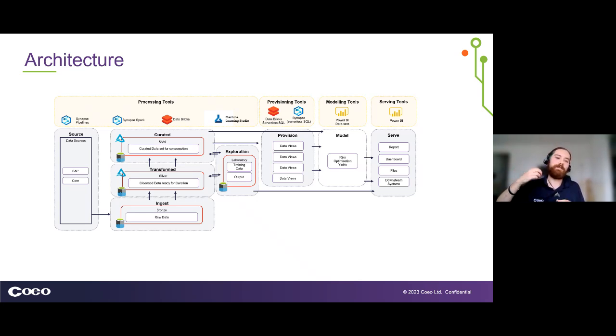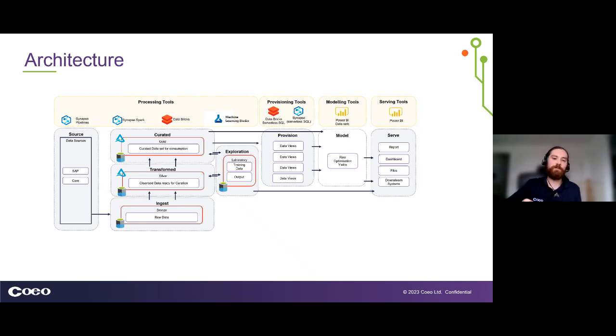And then for the actual machine learning, we have a couple of pipelines within Machine Learning Studio. One pipeline is used for the predictions when we want to actually use it, and then there's another pipeline for retraining the model.